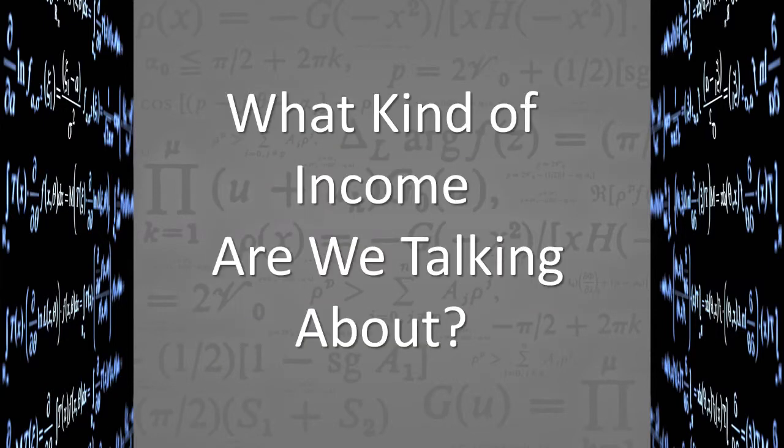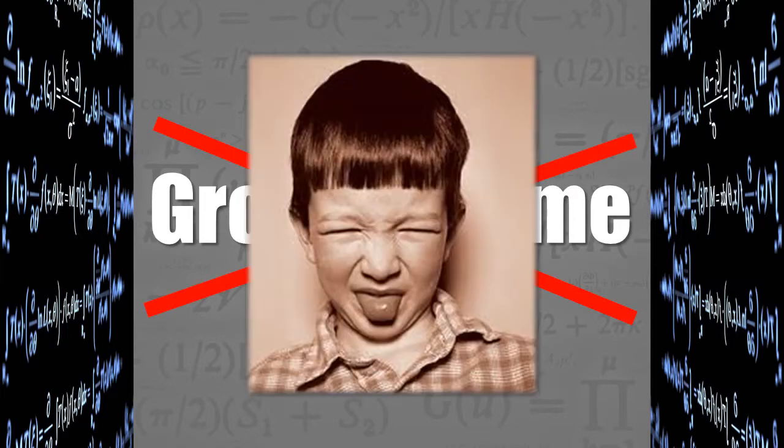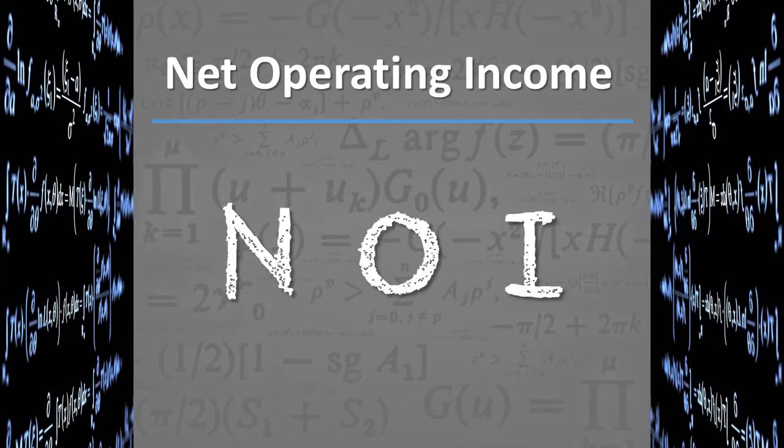The next thing you have to know to do these problems, which is also a trick, is what kind of income we are talking about here. We are never, ever talking about gross income. Never. It is always net operating income, also called NOI.